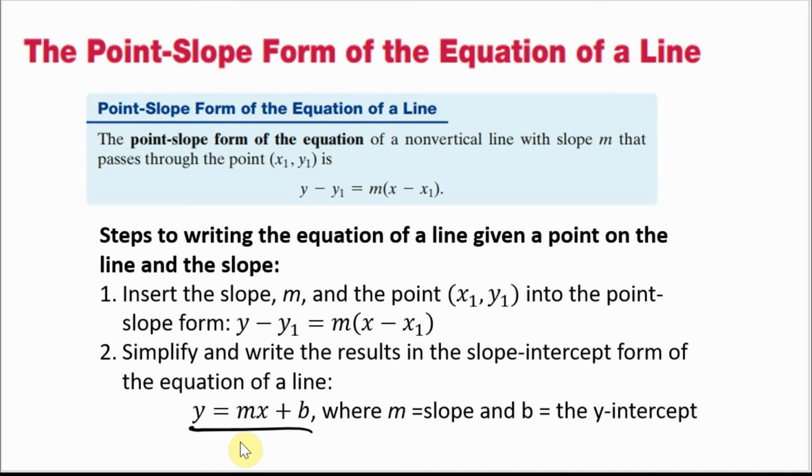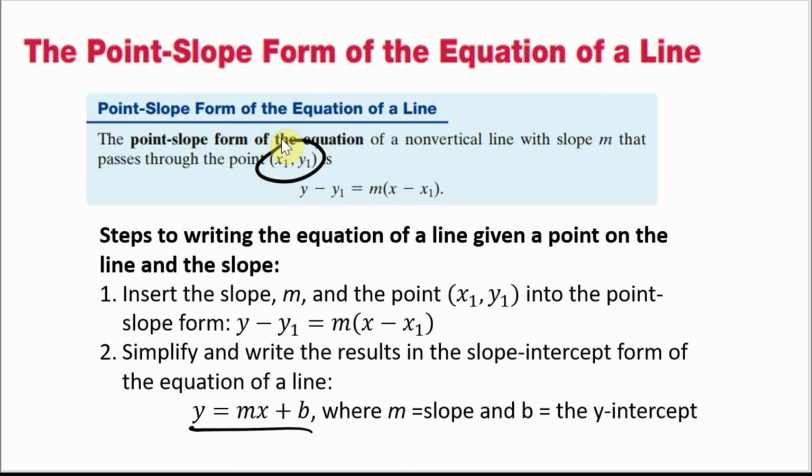Oh yeah, here's a word on the naming. We call this point here x sub 1, y sub 1. Whenever you see the subscripts, it means that x sub 1 represents a number and y sub 1 represents a number.